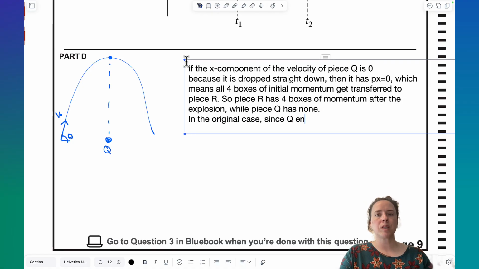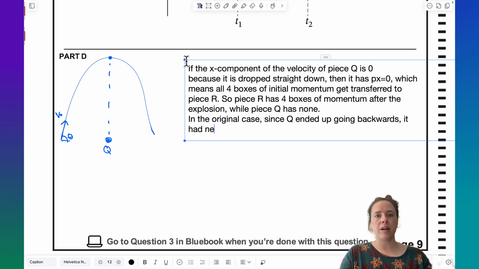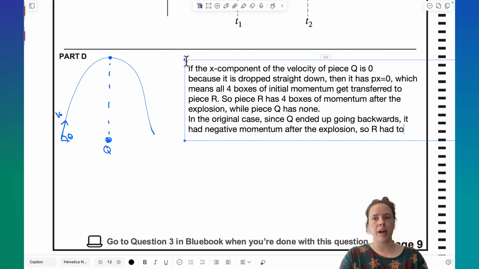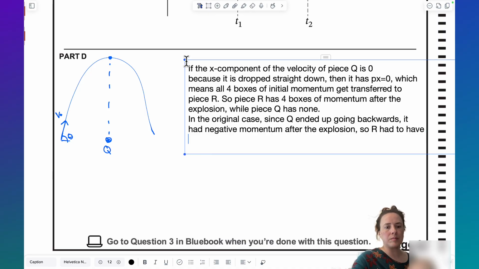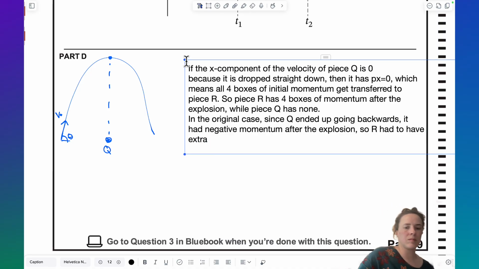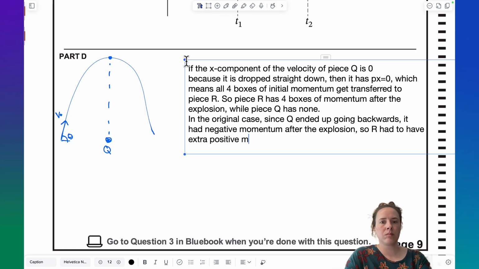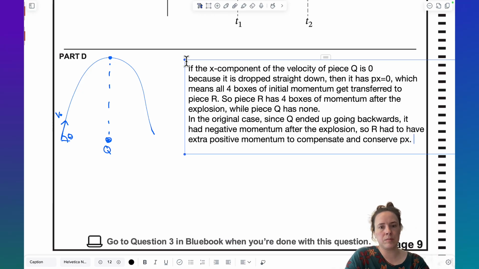Now, you could also talk about, in the original case, since Q ended up going backwards, it had negative momentum after the explosion. So R had to have extra positive momentum to compensate and conserve px.